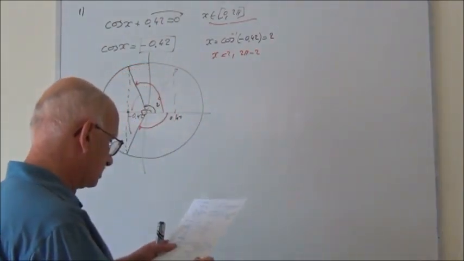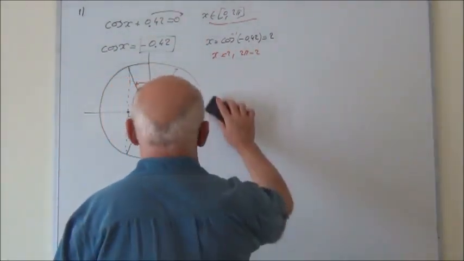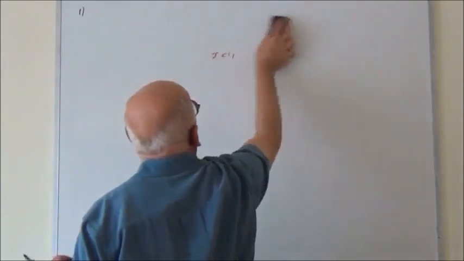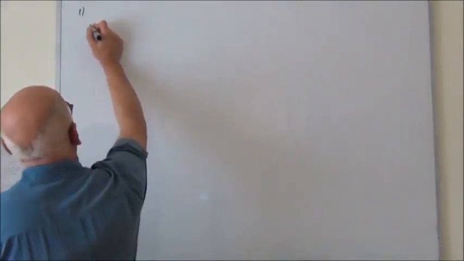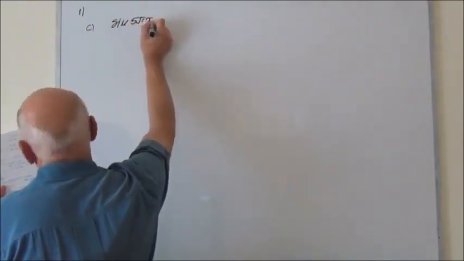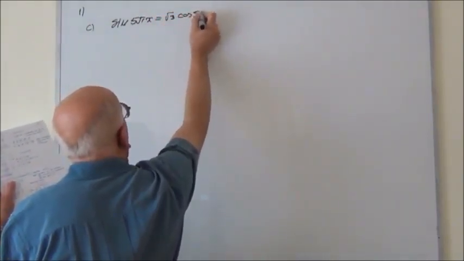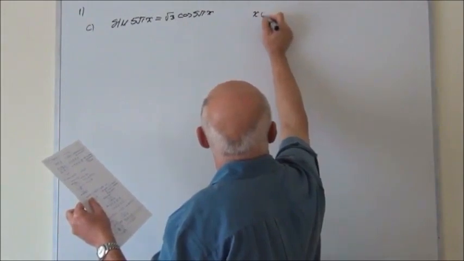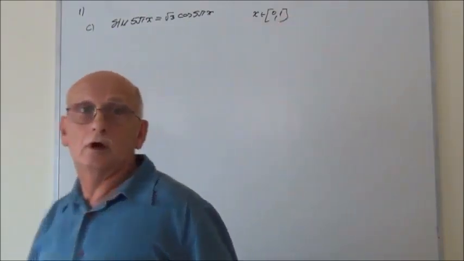The next question is question C: sine 5 pi x equal root 3 cos 5 pi x, and the domain for x is 0 to 1.